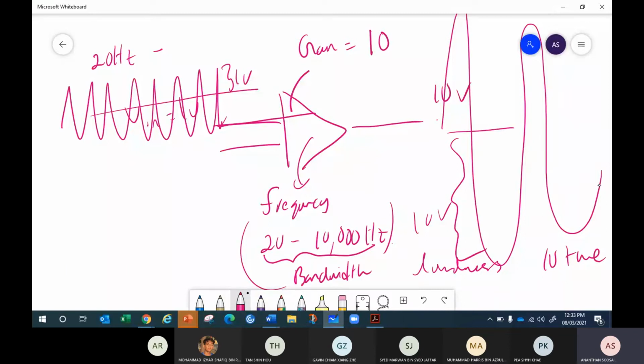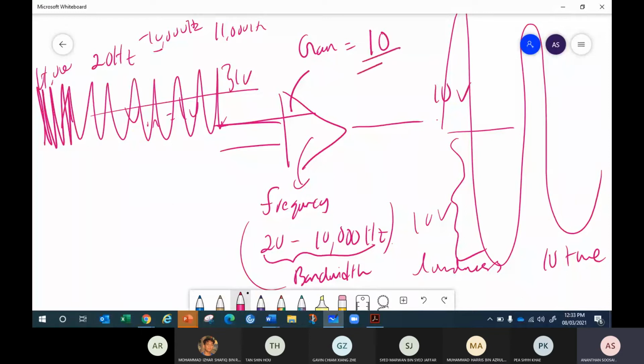That means if the opera singer sings 1 volt with a frequency of 20 to 10,000, it will be amplified 10 times. But let's say the opera singer suddenly increases to 11,000 hertz. Suddenly she makes a high pitch sound, 11,000 hertz. It's already out of the bandwidth of the op amp. Then what will happen?